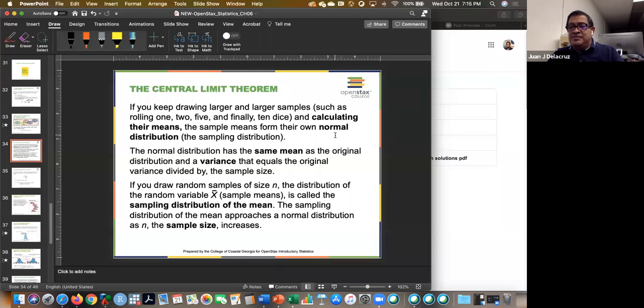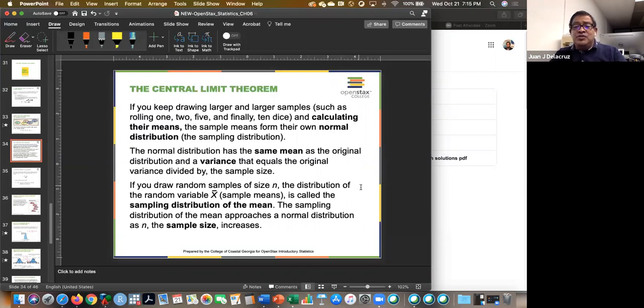This theorem is very helpful because rather than computing one by one, I am going to treat it as a normal distribution, even if I don't know what the underlying distribution is, as long as the sample size is large enough.